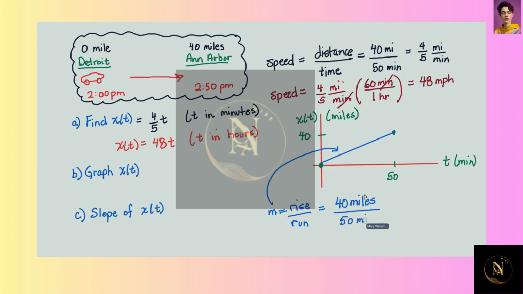So this reduces down to 4/5 like before. And so our slope is 4/5 miles per minute. And the meaning of that is, as we've already seen, that's the speed. That's the speed of Jason's car.